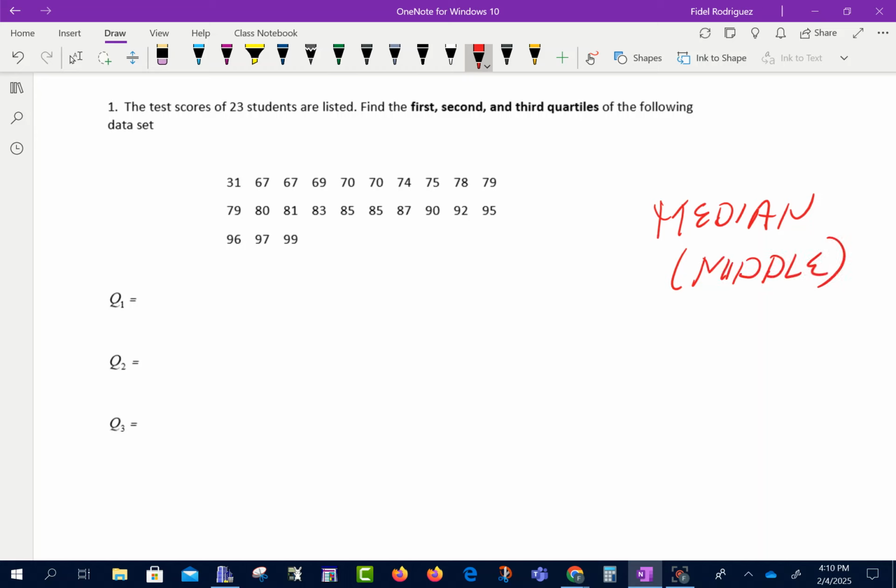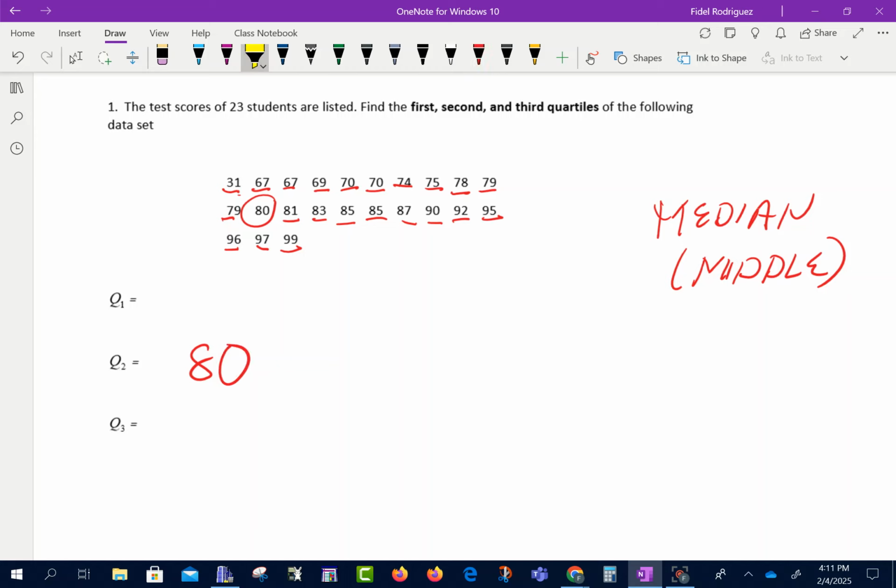The way I'm going to find my middle number is I'm going to underline the first number and the last number, and the second number and the second to the last number, and the third number and the third to the last number, and the fourth number and the fourth to the last. And I'm going to keep playing this game, y'all, until we find our middle number, which happens to be 80. There is our median.